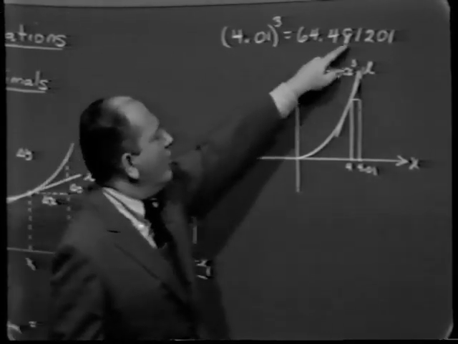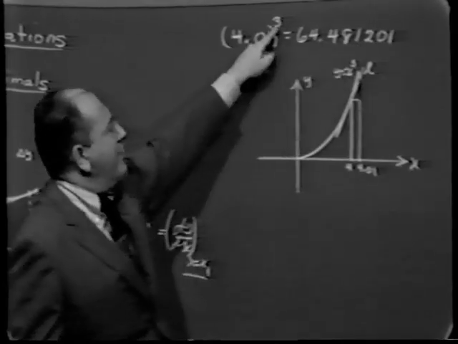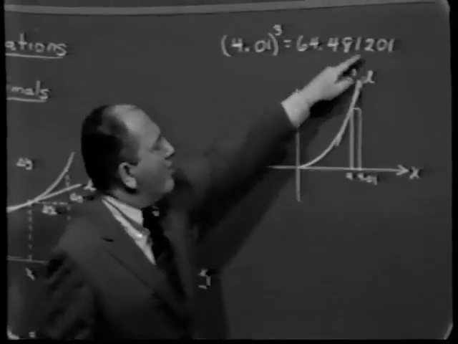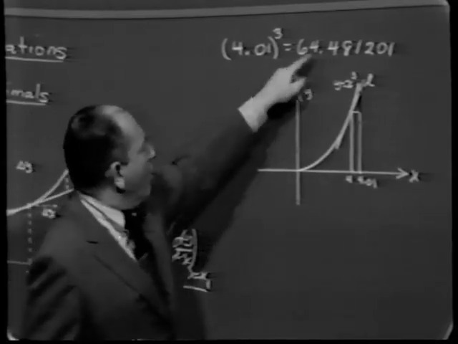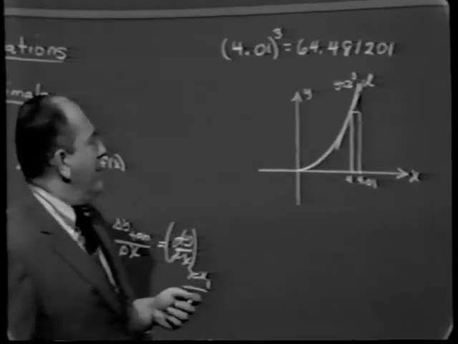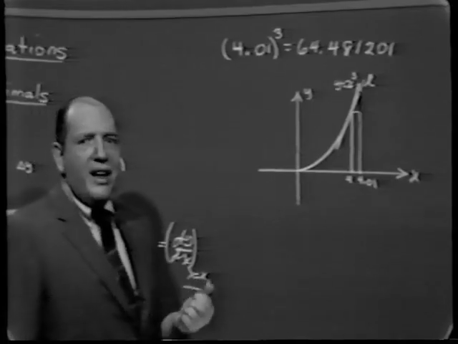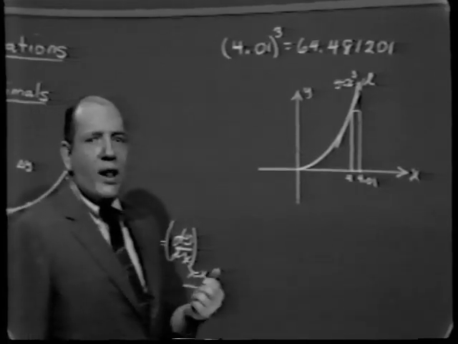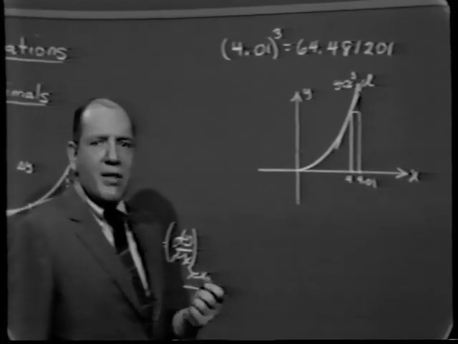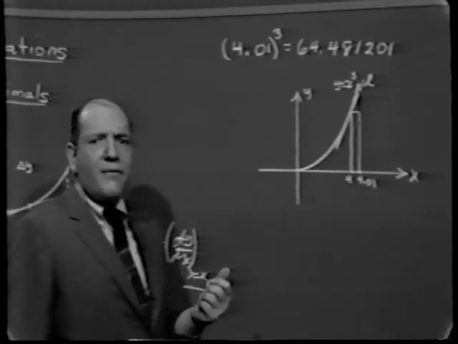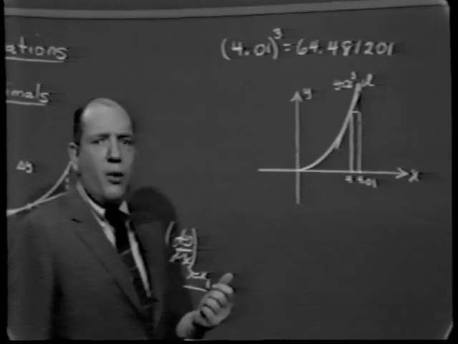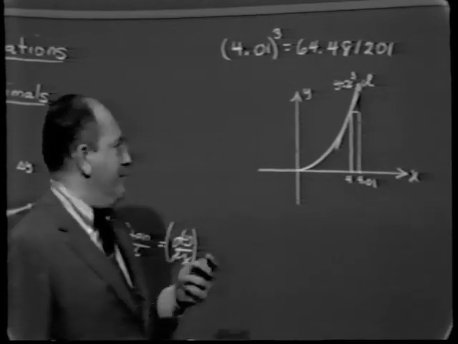If this doesn't look messy enough for you, we could have taken this to the 6th power, and then we could have squared this. But that part is irrelevant. A simple check shows that more or less this will be a correct statement. And what I would like to do, you see, is simply illustrate what our earlier comments mean in terms of this specific example. Let's suppose I wanted to find an approximation for 4.01 cubed fairly rapidly.